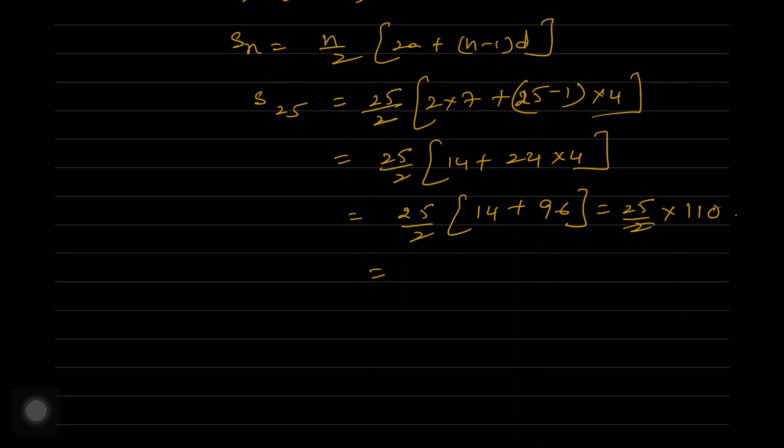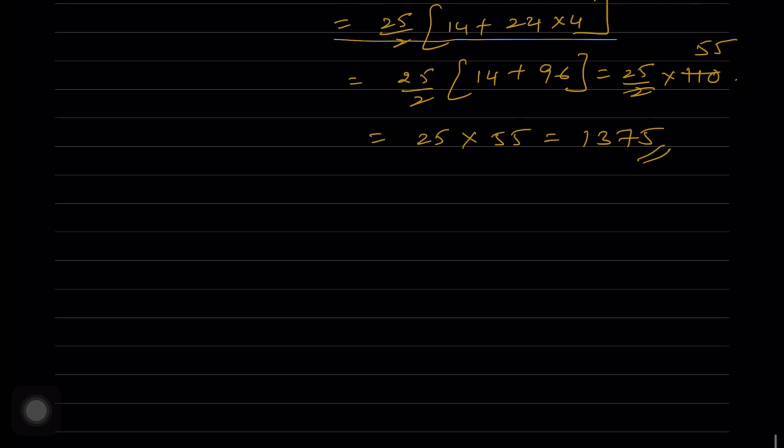You can cancel out and get 55, so 25 into 55 is equal to 1375. That is the sum of the first 25 terms of the AP.